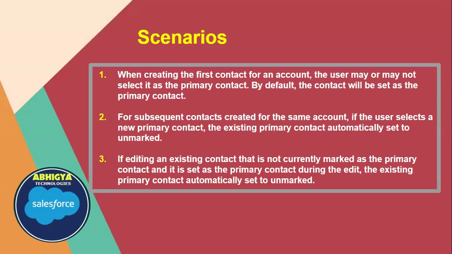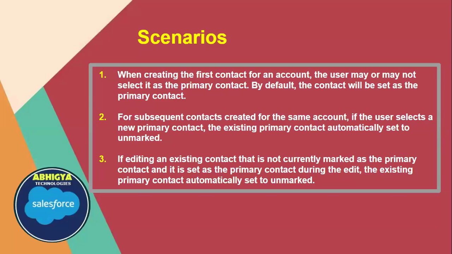So here we have three categories. First is newly creating a contact, which is the first contact of that particular account. If the user does not select the primary contact, we set it as the primary contact by default, since it is the first contact. Subsequently, they create three or four contacts.